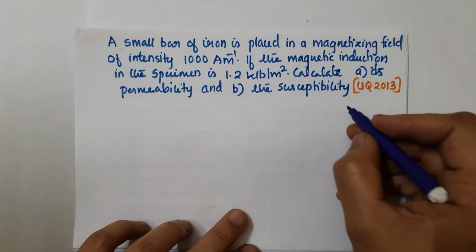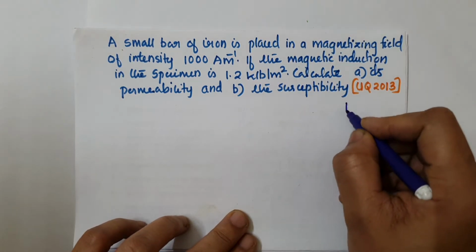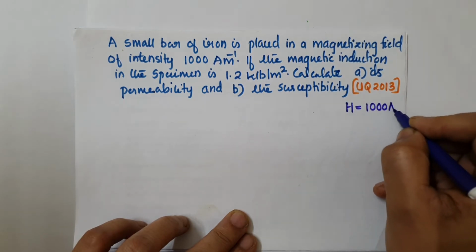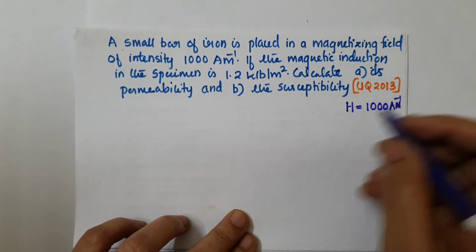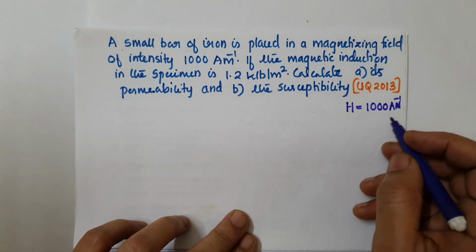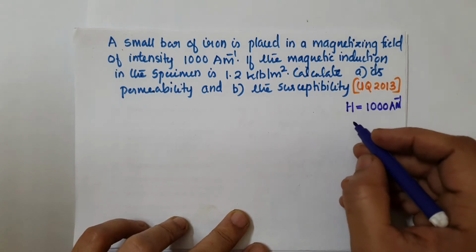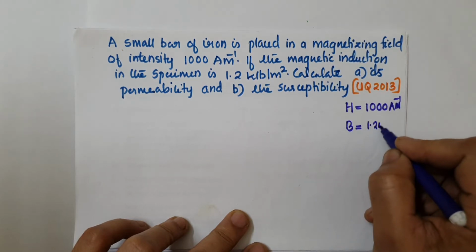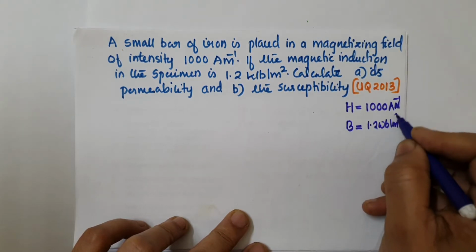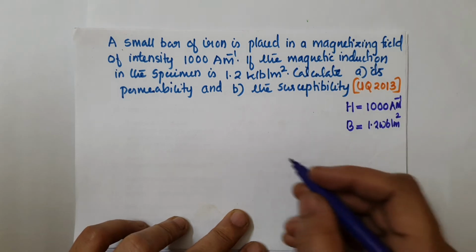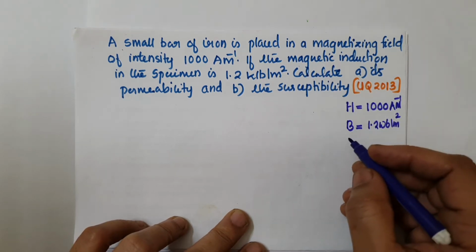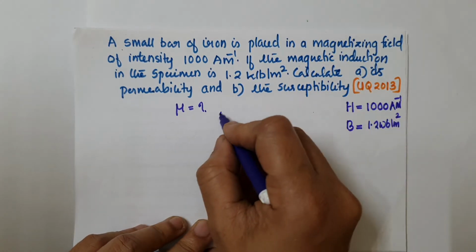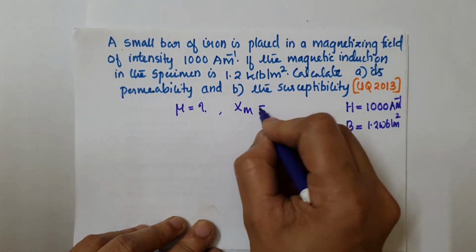The problem is given that H is equal to 1000 ampere per meter, the magnetizing field intensity, and the magnetic induction vector B is equal to 1.2 Weber per meter square. Calculate its permeability, that is mu should be found out, and also the magnetic susceptibility chi m should be found out.